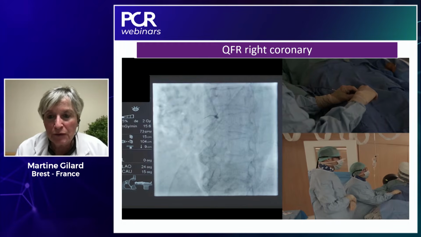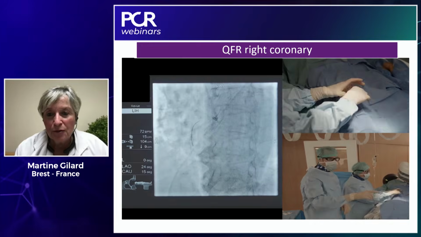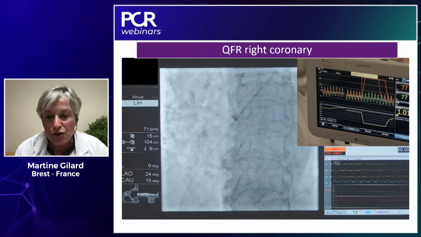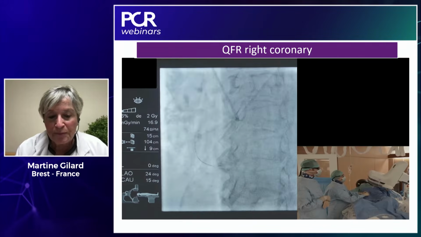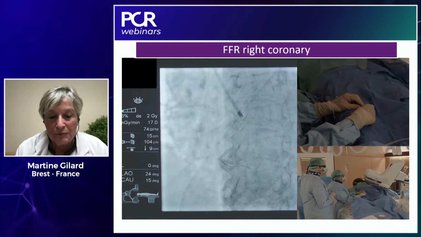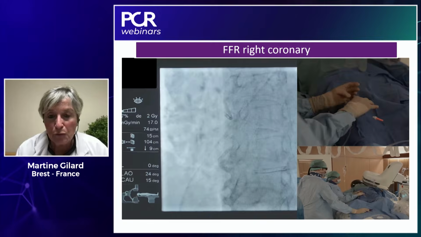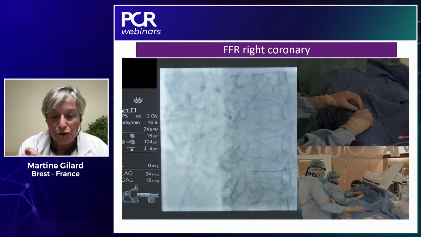So we perform the FFR, and as you know, you have to make a calibration. You have to shape the tip of your FFR wire. Here it is the calibration, and then we make the measurement. You know that you have to avoid the ventricularization of the proximal pressure, meaning that the guiding catheter induces a functional stenosis.